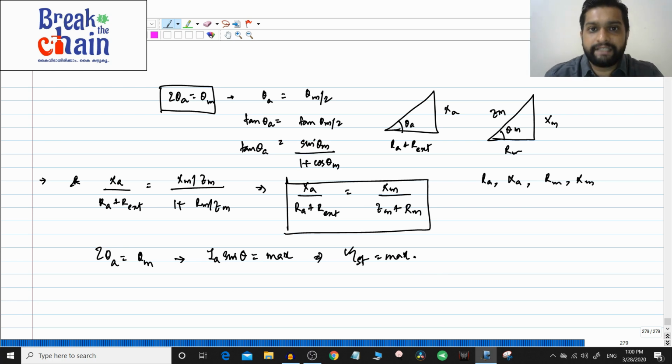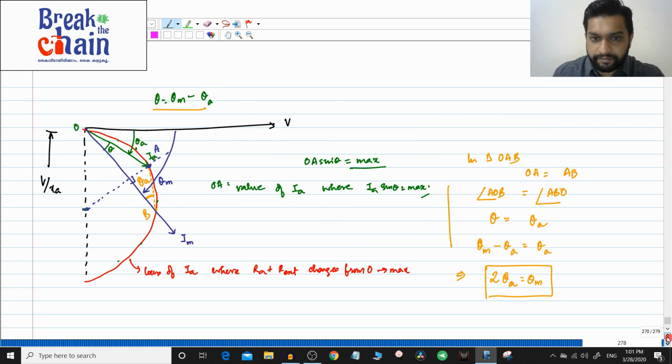So, what we saw today is the resistance split phase induction motor. In a resistance split phase induction motor, you are adding an external resistance to the auxiliary winding to maximize its starting torque, or in general to just start the induction motor. Then we saw what the condition of maximum torque is. We saw that the maximum starting torque is obtained when Ia sin theta is equal to maximum.